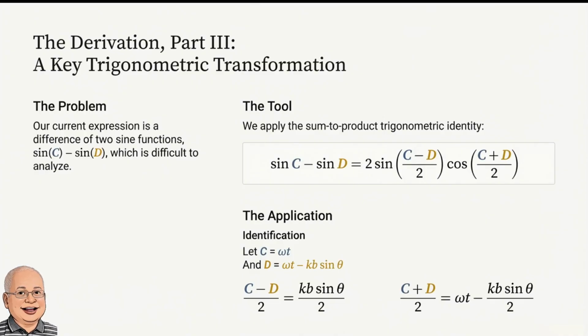What we'll do is take c equal to omega t and d equal to omega t minus kb sin theta. So (c minus d) by 2, using these values of c and d, is equal to kb sin theta by 2, and (c plus d) by 2 is equal to omega t minus kb sin theta by 2.